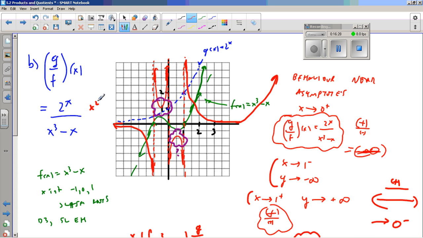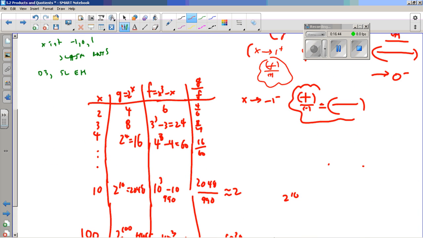But if this degree is higher, I'm going to end up having no asymptote. Well, what's funny about this is an exponential function is always dominated by a polynomial function when the x values get large.